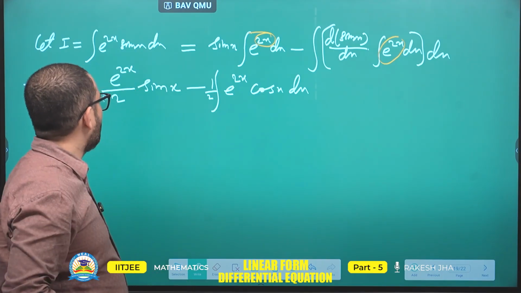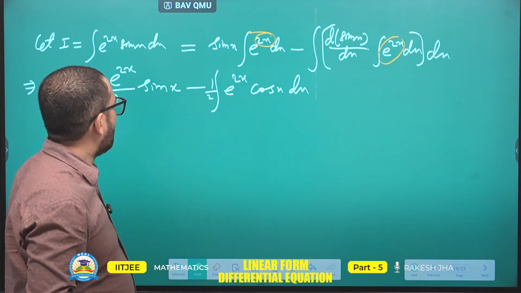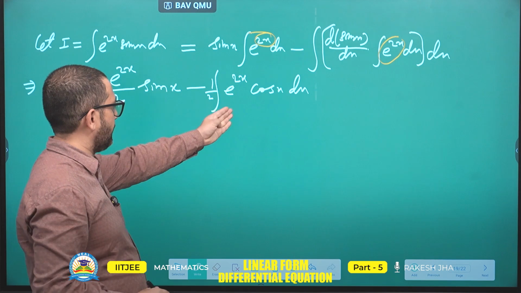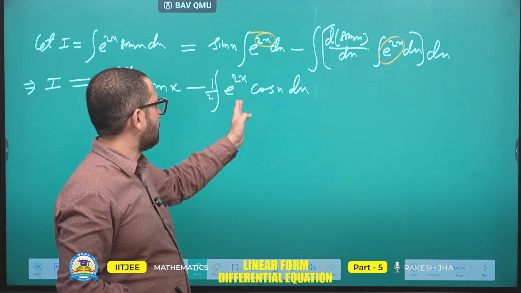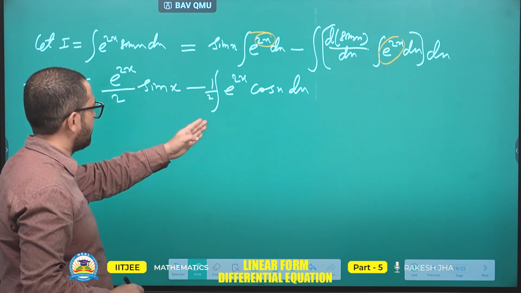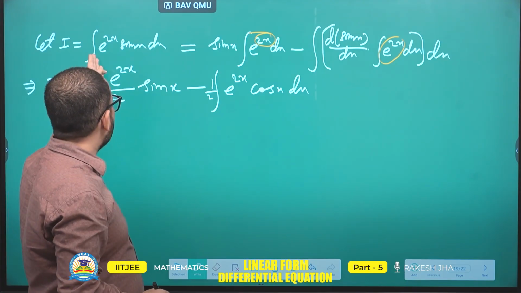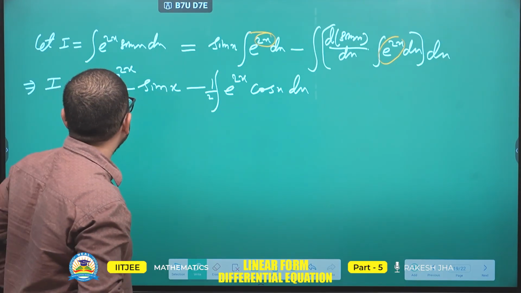Now what we have to do is write it one more time, because next time if you integrate with the same integration by parts, then cos x will become sin x and it will be equivalent to the integral given in the very beginning, this one.